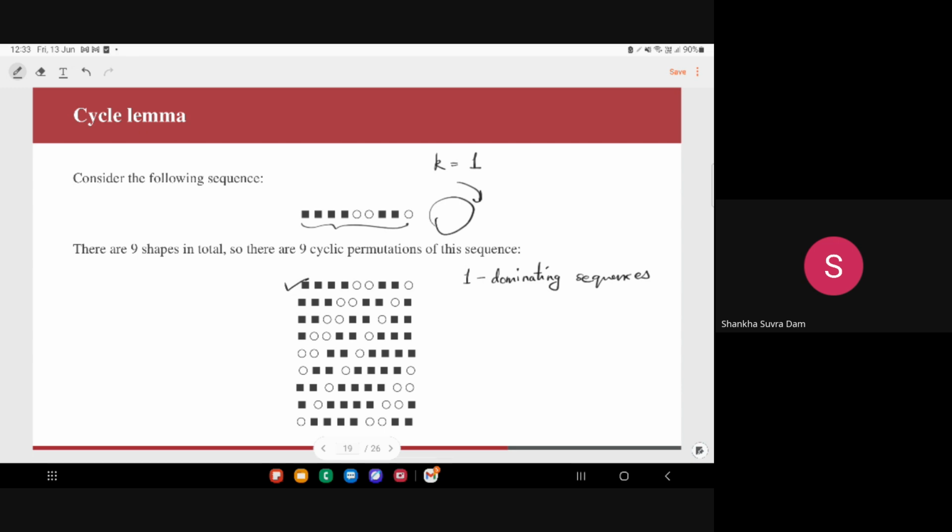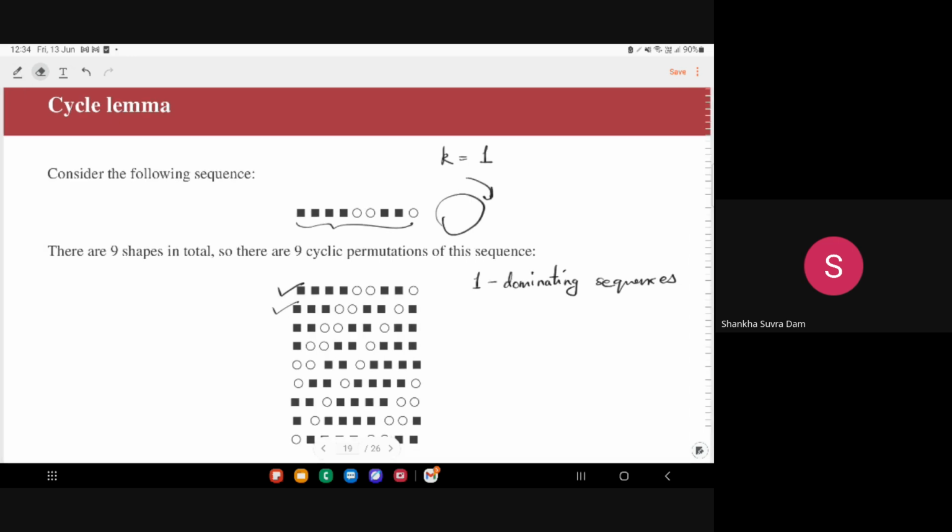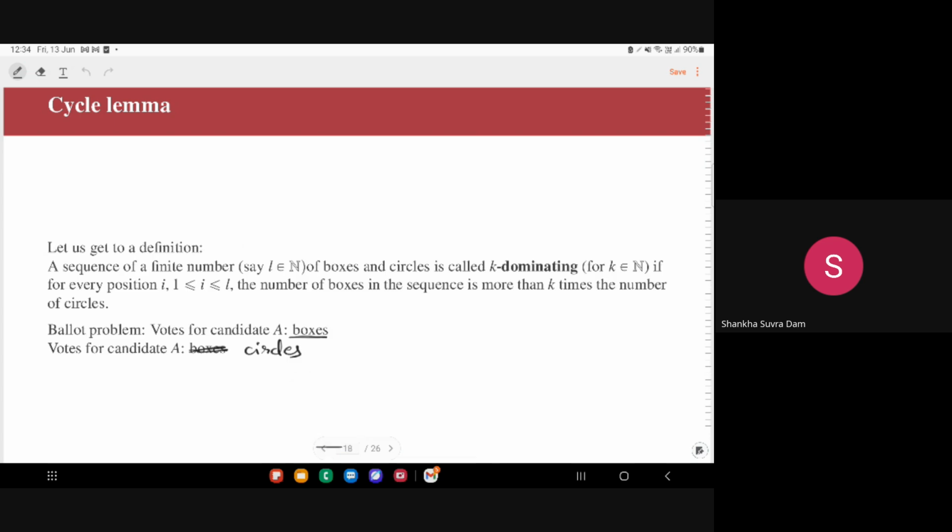This is 1 dominating. We started at the feasible one. This is also 1 dominating, I think. This is not 1 dominating. Is it 1? Oh, okay. Greater than 1, right? What was the definition?